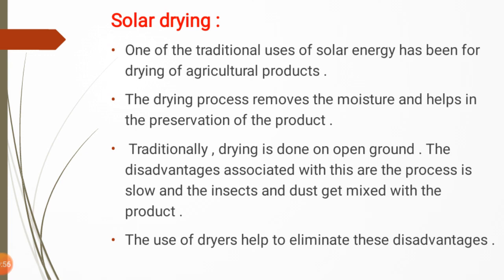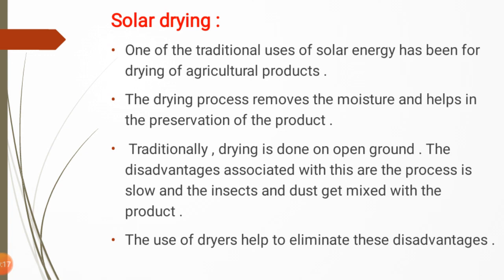That means in the traditional way, the drying is done on open ground, but it has some disadvantages. That is, there is a mixing of dust or some insects when we put it on the open ground. So this is the disadvantage of this traditional drying.